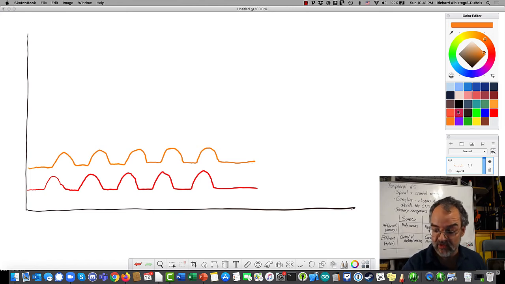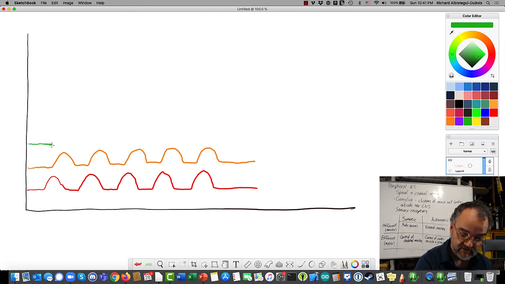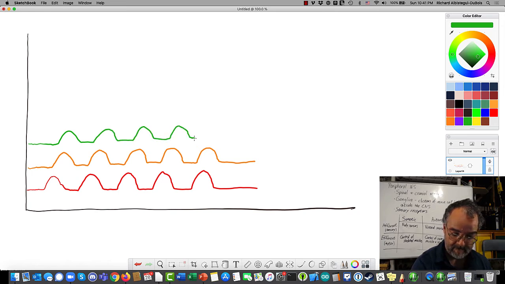These are separate twitches. And here will be the green motor unit. And the blue motor unit.